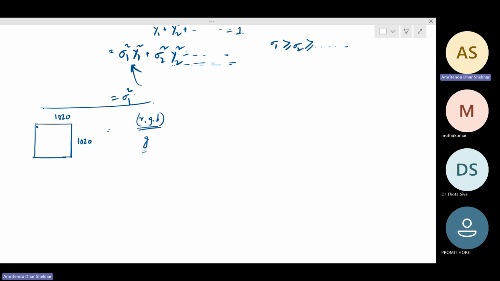Now what happens is that you have this large 1020 cross 1020 image. One way to deal with this is that you can think of this image as a matrix, of dimensions 1020 cross 1020.